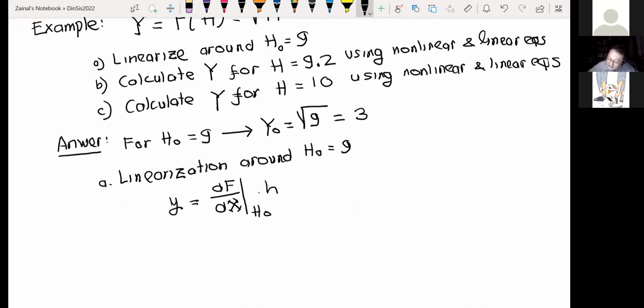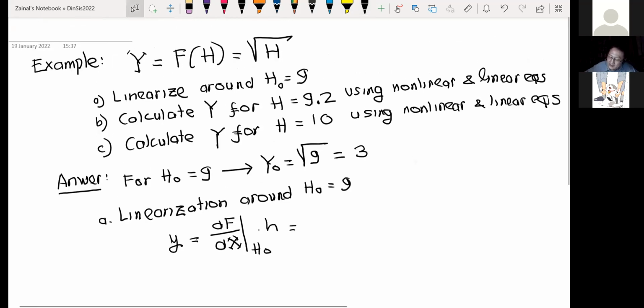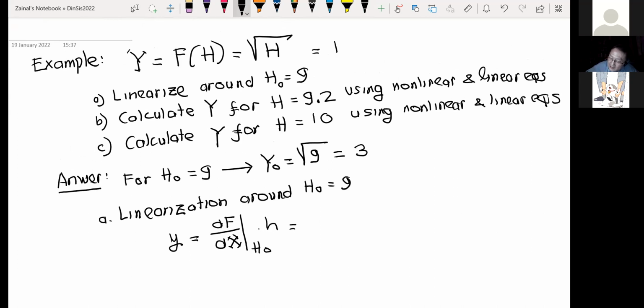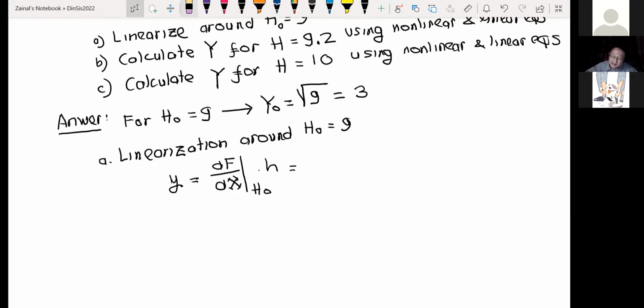So in this case, look at this one. This one is the same with h power 0.5, right? So the derivative of f with respect to x, maybe I have to write here.